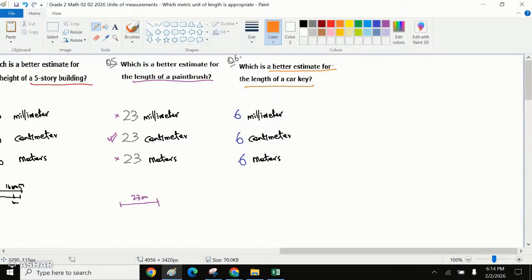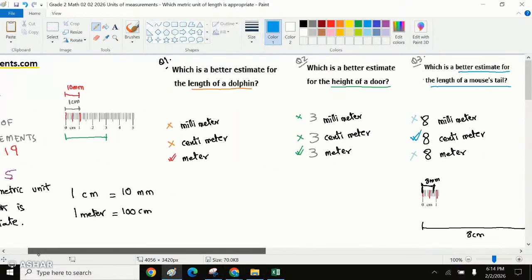Valerie, what should be the answer? See, meter, 1 meter, 2 meters is 6 millimeter. Wouldn't 6 millimeter be too small? 6 millimeter would be this length.